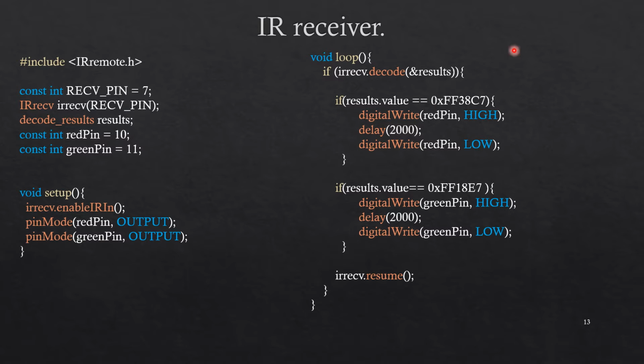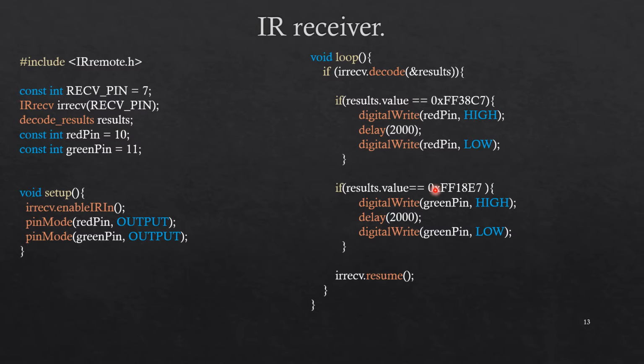When a button is pressed, this will be true, and then the next if statement will be checked. If the received value by the IR receiver is exactly the same as this value you have defined in your code, then it will do something. In this example, it will turn on the red LED for 2 seconds and then it will be turned off.